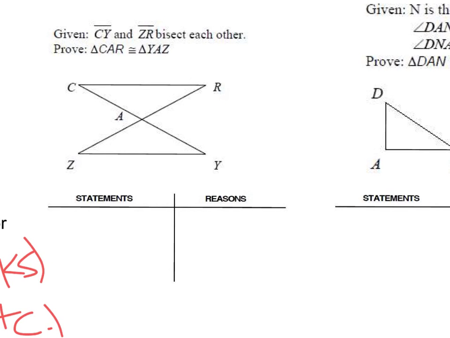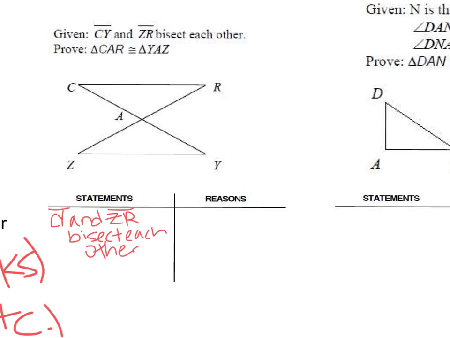So the first one says, given that CY and ZR bisect each other, I want to prove that triangle CAR is congruent to triangle YAZ. So the first thing we always start with in a proof is your givens. So my given is CY and ZR bisect each other.